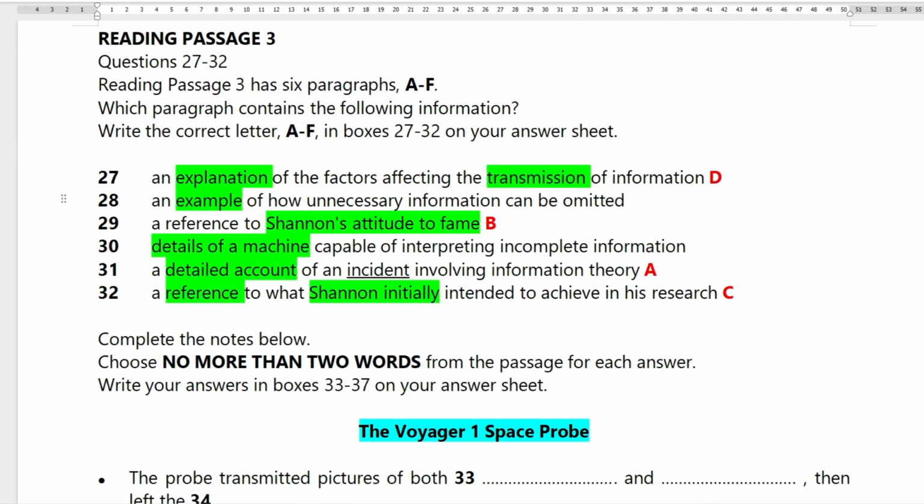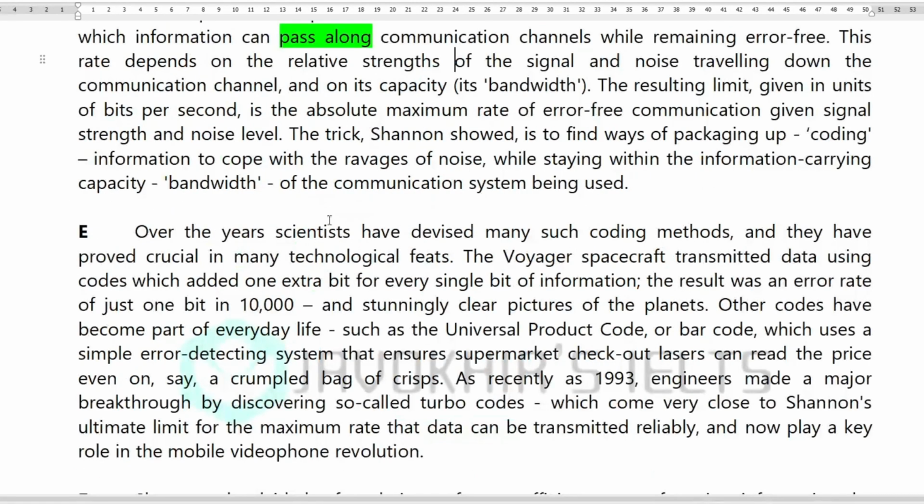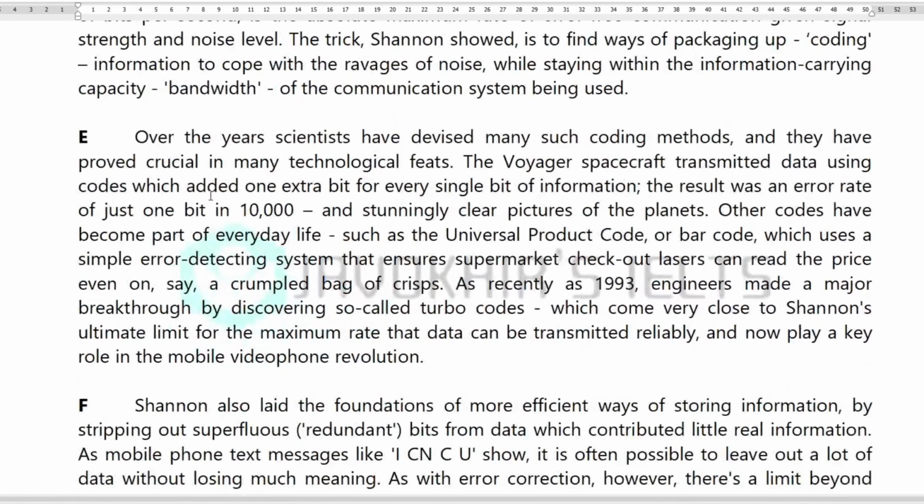All right, we are left with two more here. Over the years, scientists have devised, meaning invented, many such coding methods, and they have proved crucial in many technological feats. A feat is a piece of work that requires a lot of skill.